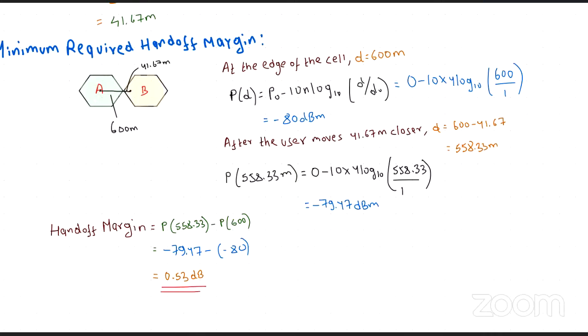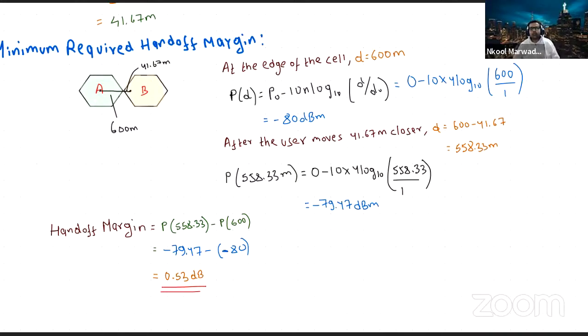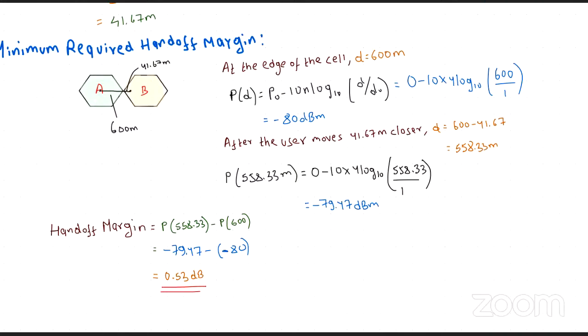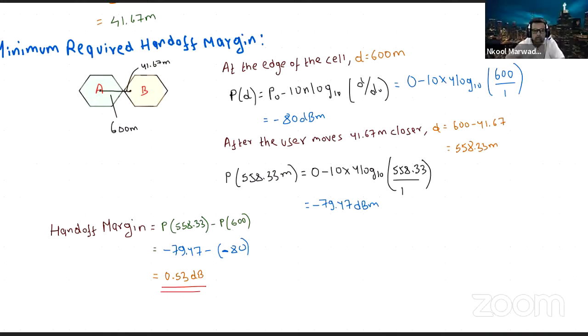Sir, so minus 80 is the power of the signal from A at that point, right? Yeah, that is right. Power of signal from A at P. And minus 79.47 is the power at that point from B. Yeah, that is right.